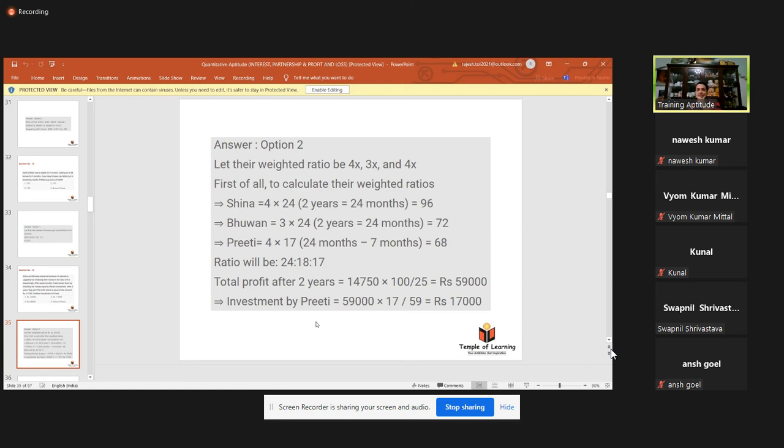So total investment is 59,000. The investment by Preeti will be, so 24, 18, 17, so 17 upon 59 of the total investment. Total investment is 59,000. So it will be 17 upon 59 of 59,000.